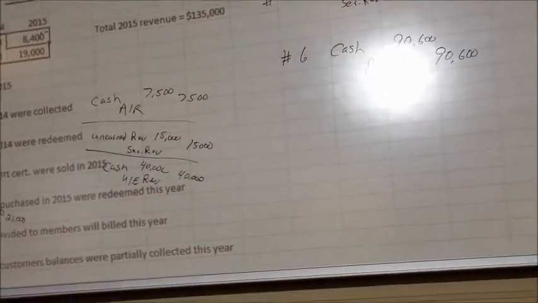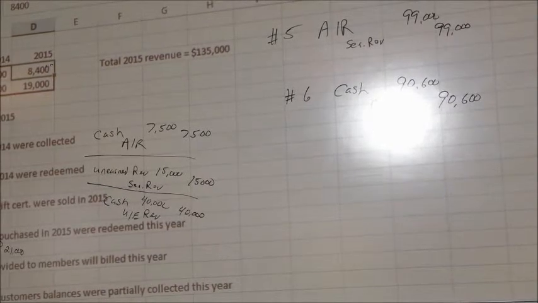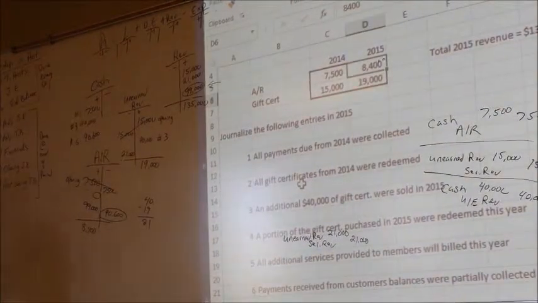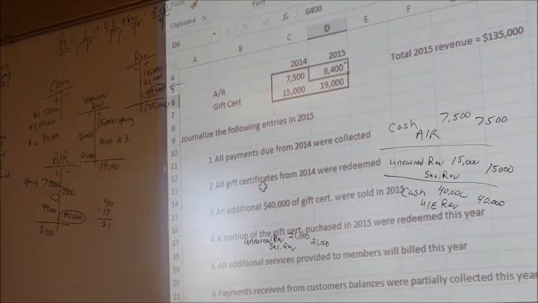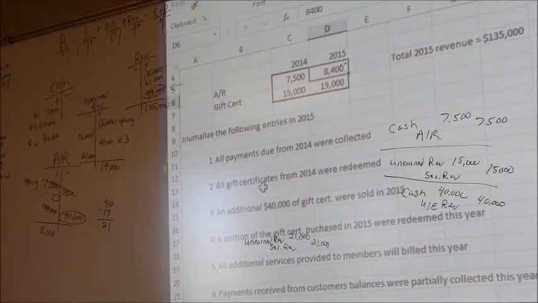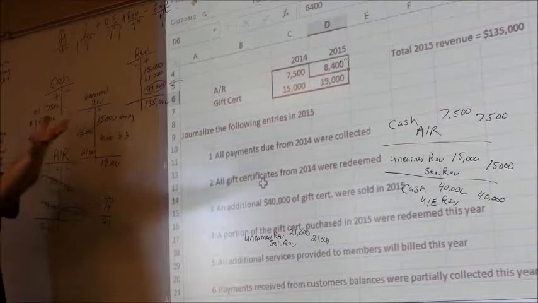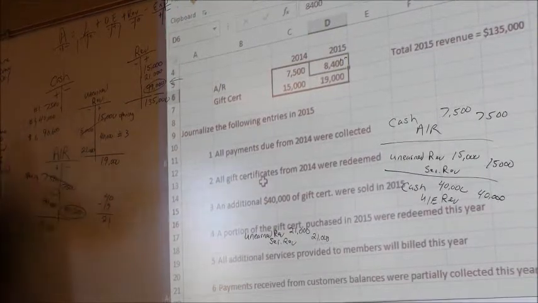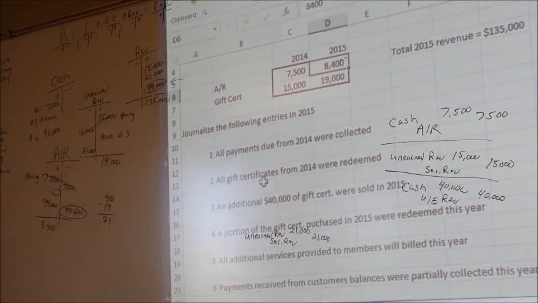Looking a little bit beyond this one, how much of the 135,000 in revenue did I actually collect this year with cash? If somebody looked at their income statement and said, you had revenue of 135,000, you must have brought in and have in your hand $135,000. Would that be a fair statement?